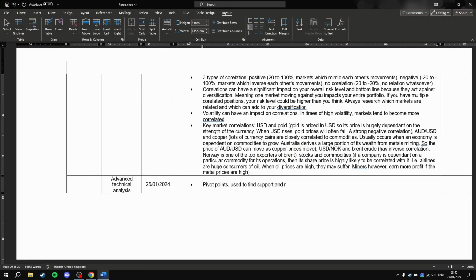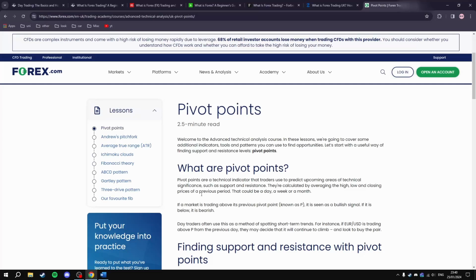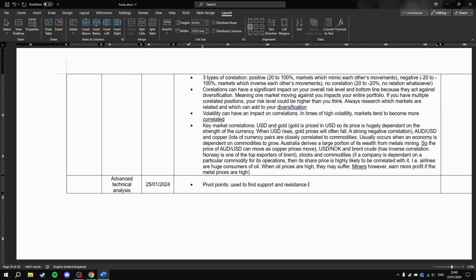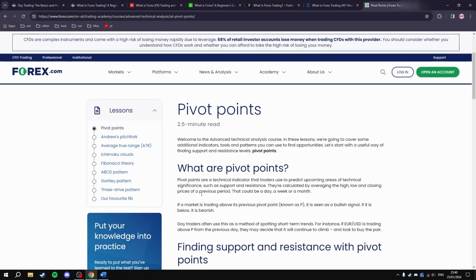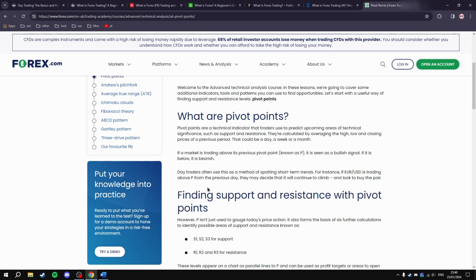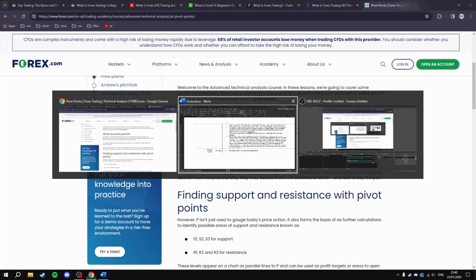What are pivot points? Pivot points are a technical indicator that traders use to predict upcoming areas of technical significance, such as support and resistance.